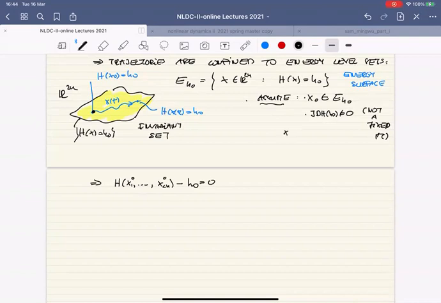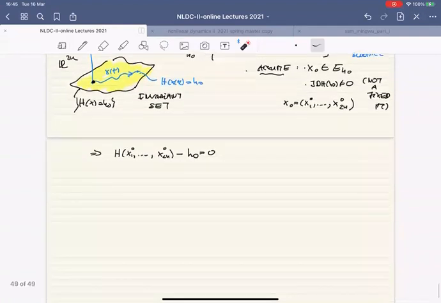So the coordinates of x naught are x1, 0, and so on. Not the best notation, but hopefully you get the idea. So I moved the 0 here because I already have lower indices. When I plug in that initial condition, then certainly I get the little H naught energy, because that's where I started from. So I know that for sure.